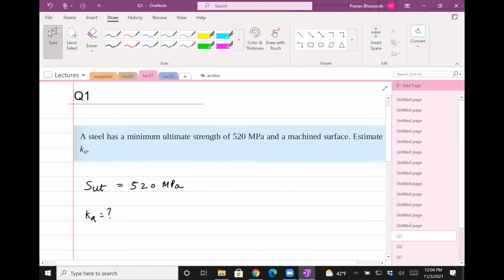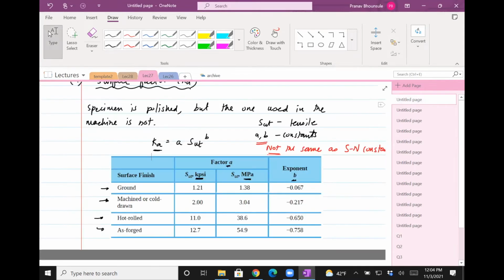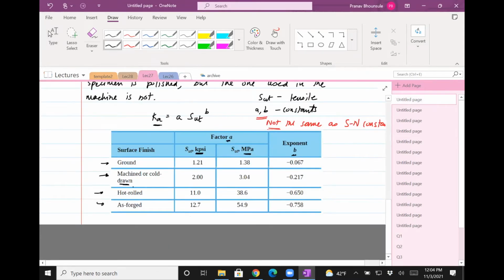So let's see if there's a table for machined surface. Yeah, there it is, machined or cold drawn. So A is... sorry, my bad. You only need this if you're using KPSI IPS units. This is for MPa. So we need 3.04 and B is minus 0.217. So let's just use that.